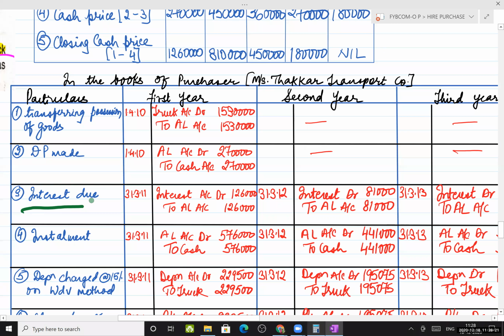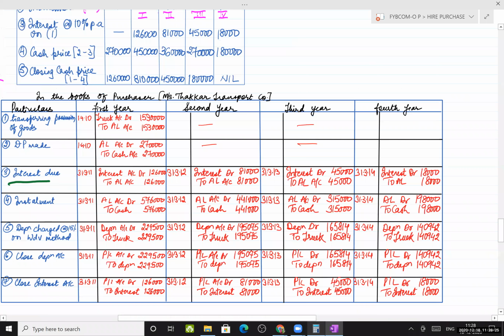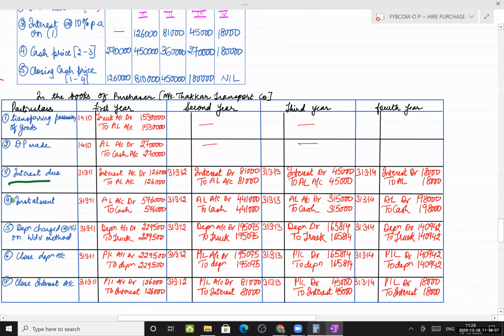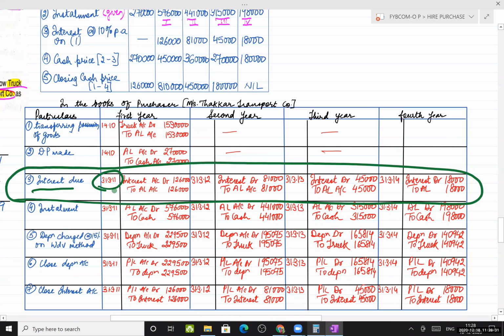Next step is interest. Now in interest, one thing is there: the journal entry will not change, see, but the date and the amounts will change. Can you see that, everyone? Journal entry obviously will not change for 4 years, but only the date and the amount will change, which you will get from your working note. So see this working note.